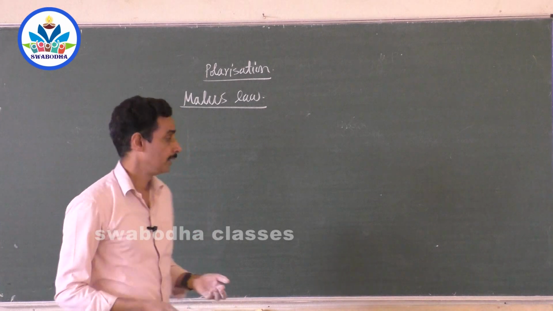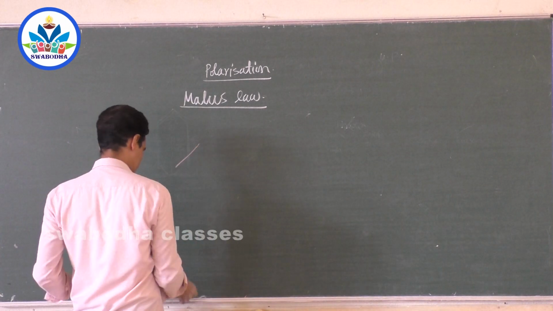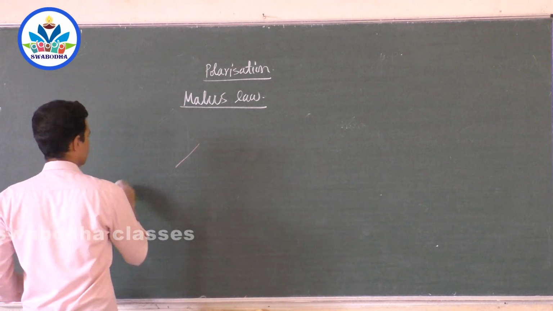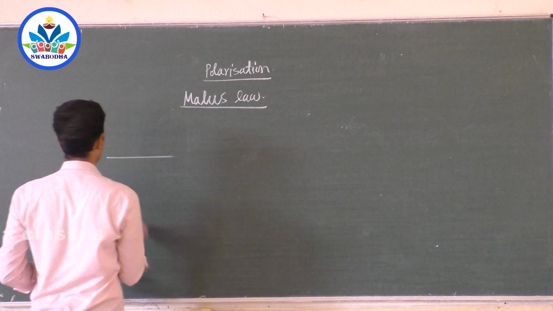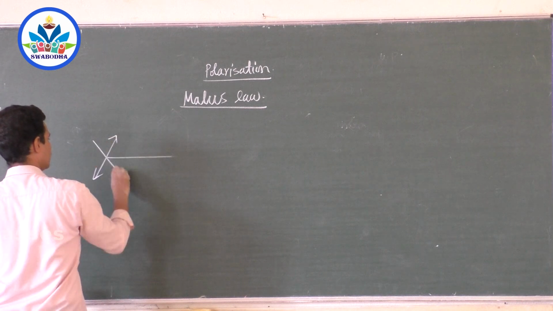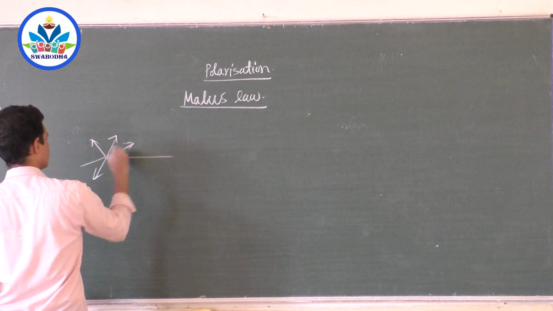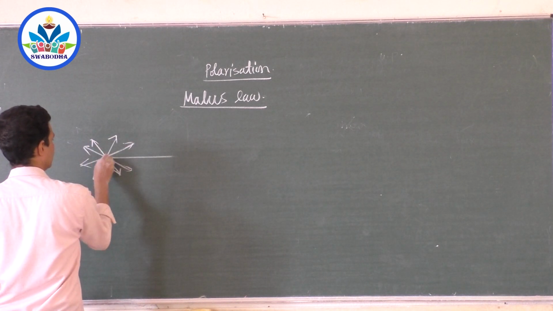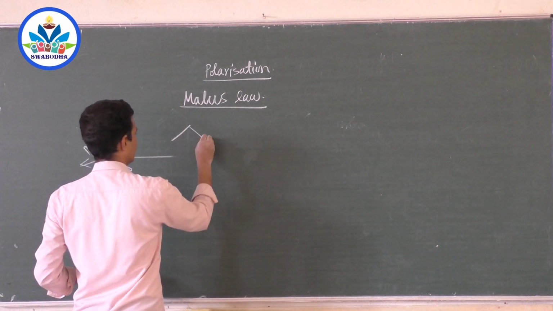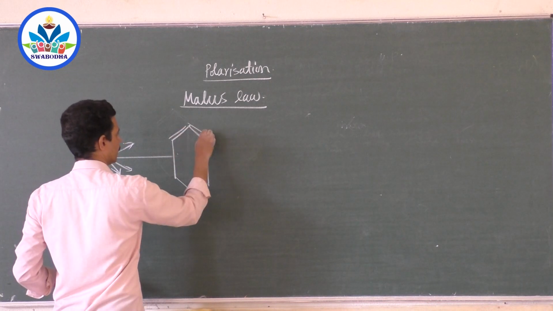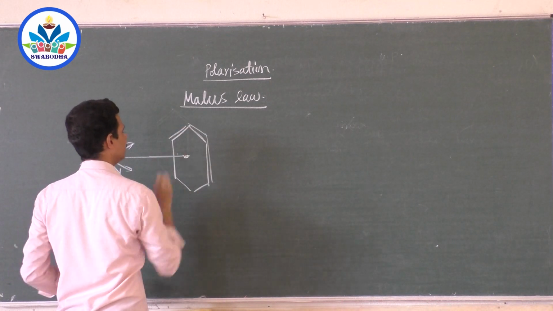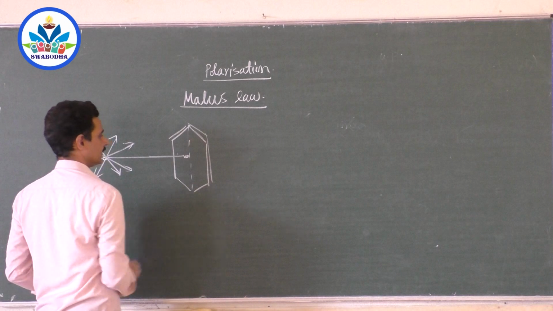He says that whenever an unpolarized light is incident on an analyzer, suppose you have a light like this, which is unpolarized, containing electric field vibrations in all directions, and it is made to fall on a polarizer, this is the pass axis.